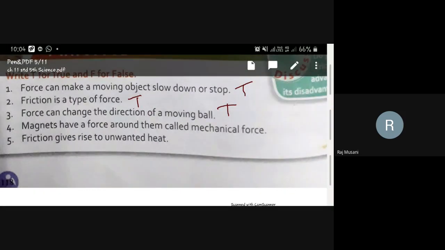Number 4. Magnets have a force around them called mechanical force.